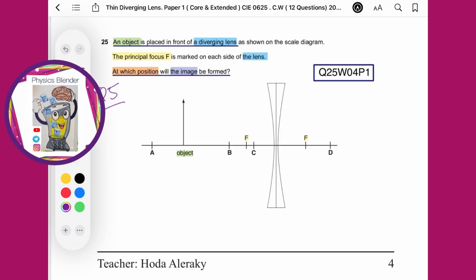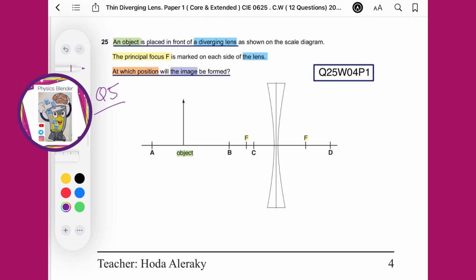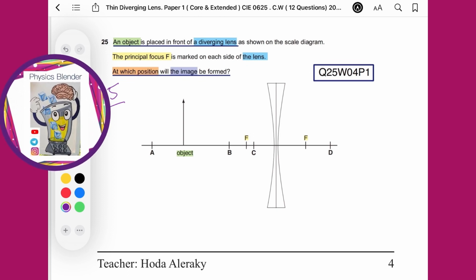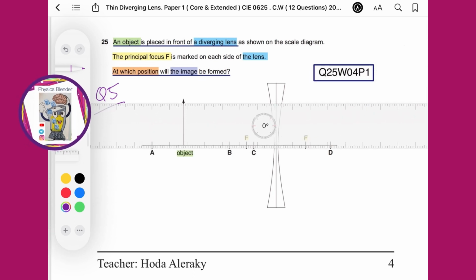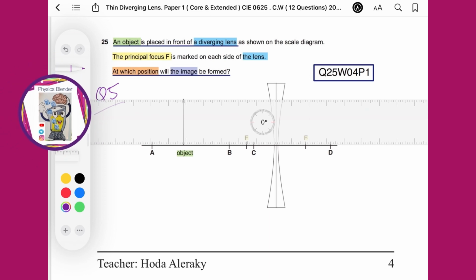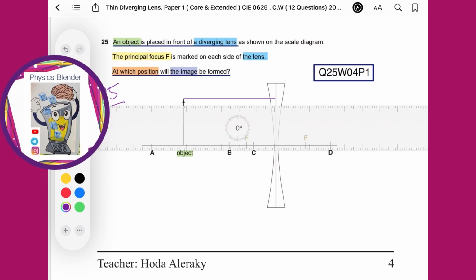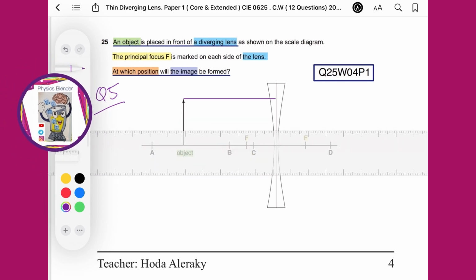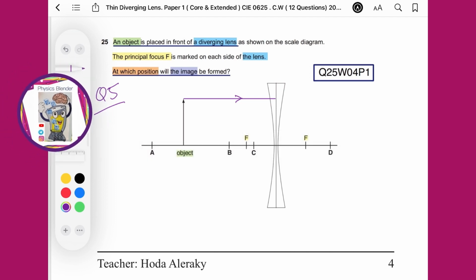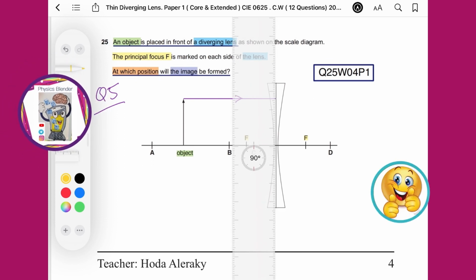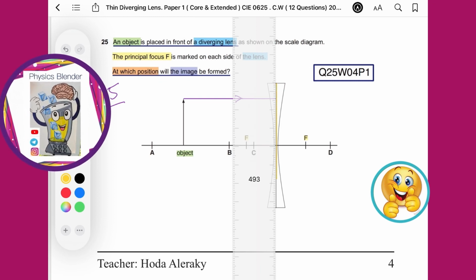Okay, we have to remember we have standard rays we use to draw or identify the location of the image. One is parallel to the principal axis, and it will refract at the center. Do you see this line at the center? Many times I told you, for simplicity only, the refraction takes place at this midline.